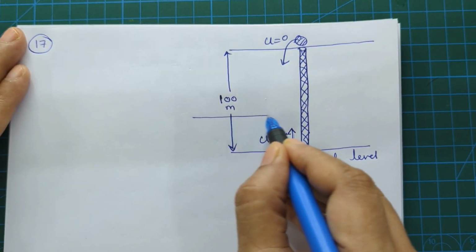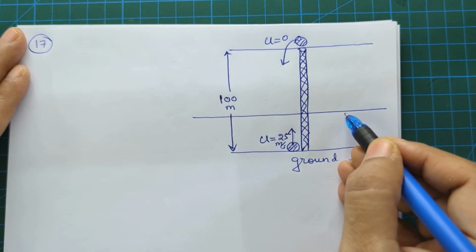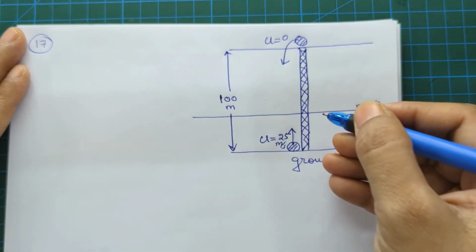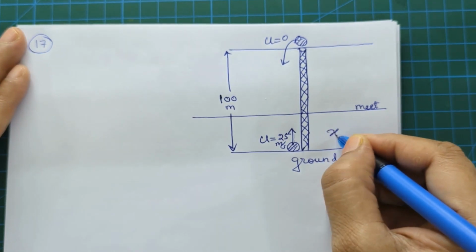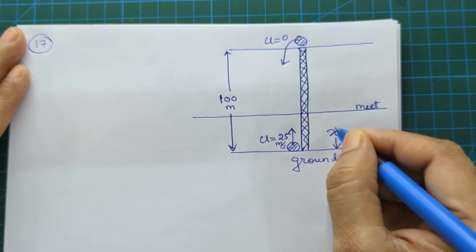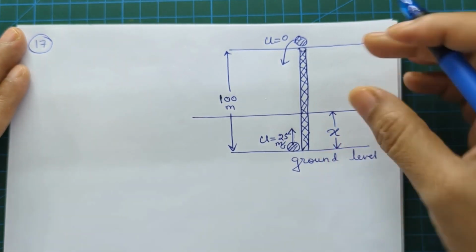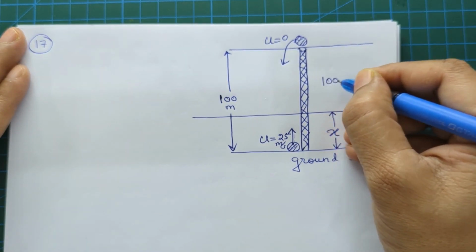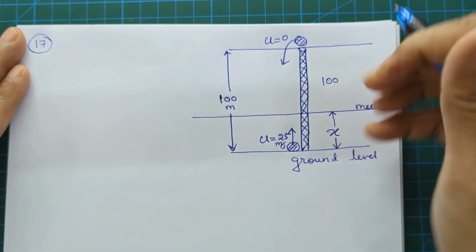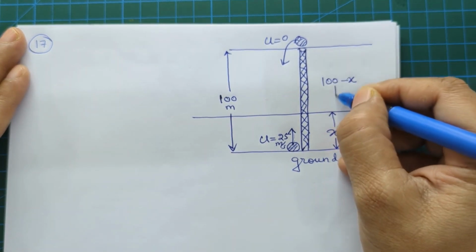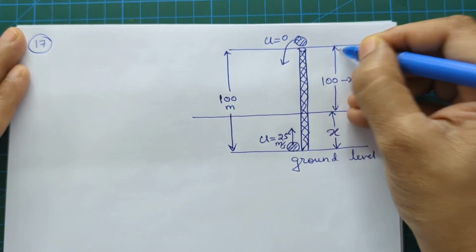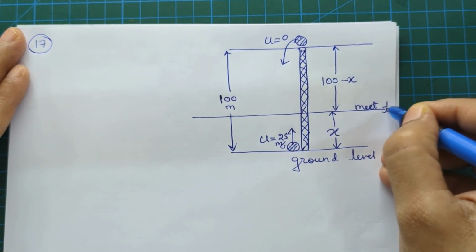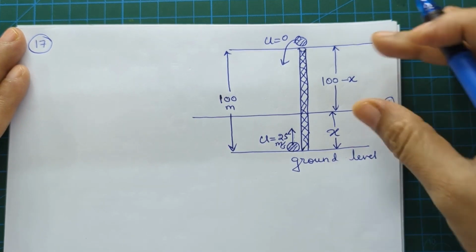So let us draw a demarcation and just say that this is the meeting point of the stones. This is at some x distance from the ground level, say for example. In that case, this meeting point is at a distance of 100 minus x from the top of the tower. So when they meet at a common time t, time is common, but distances are different.